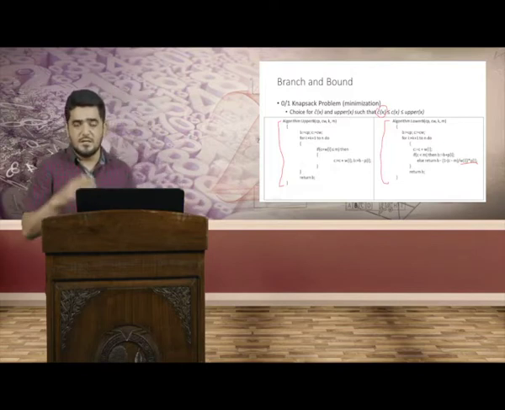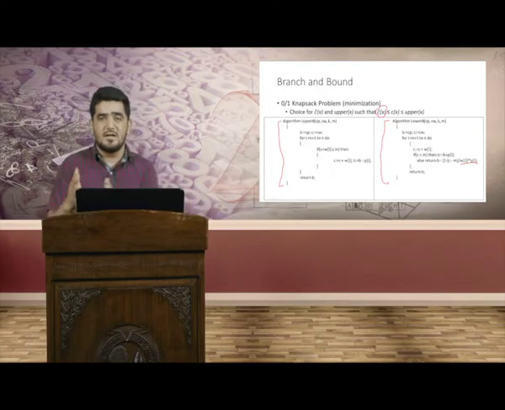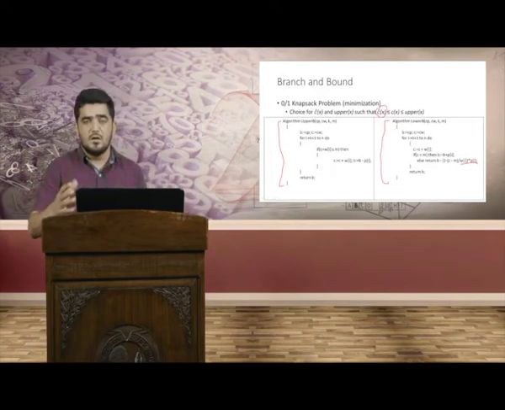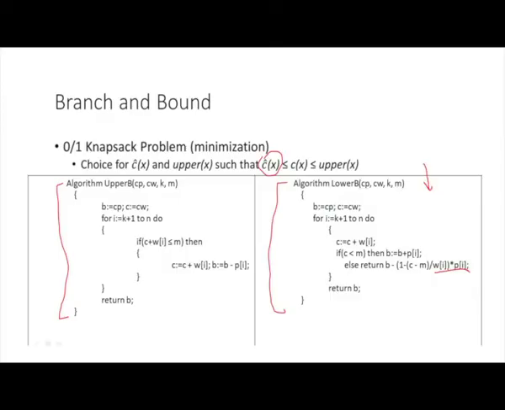So if there is an item which cannot be put into the knapsack as a whole, we will take only a fraction of it. So this would be the lower bound, since our problem is a minimization problem. So this function would give us the lower bound, and this function would give us the upper bound, and that is how we will be bounding the solution in the state space tree.